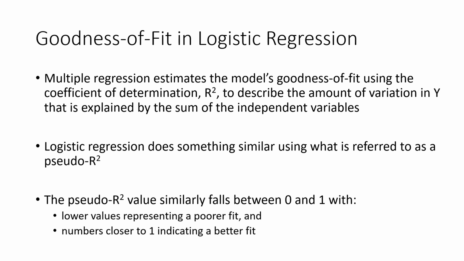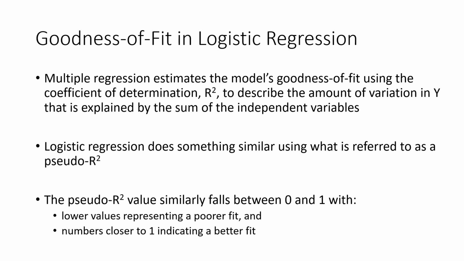But what we do have in logistic regression is something referred to as a pseudo R squared. Pseudo meaning kind of a fake R squared. It somewhat mimics the R squared that you would find in multiple regression, but you can't interpret it in the same way. So like an R squared in multiple regression, a pseudo R squared similarly is a number that falls between 0 and 1.